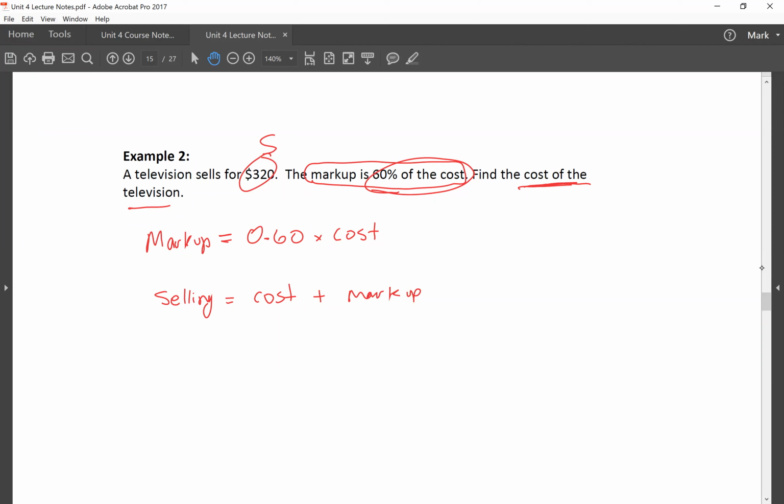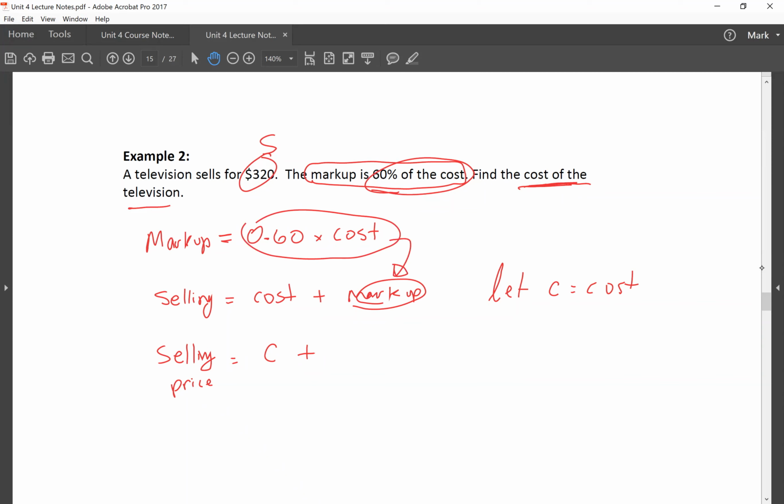So I'm going to let C equal the cost. So my selling price is the cost plus the markup.